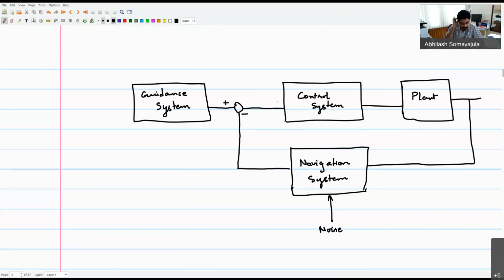All right, so typically for a plant you might have other things which might be coming in, so these are called disturbances, or unmodeled dynamics.